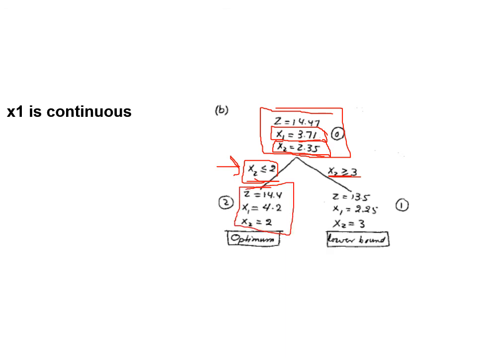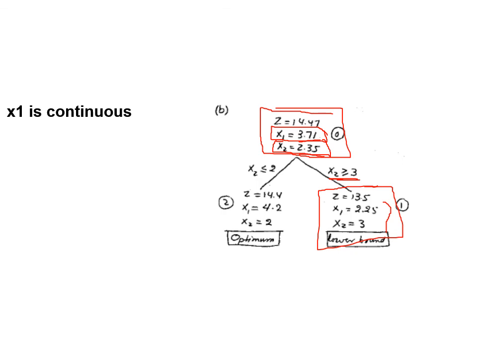And let me first go to the other side. We initially solved this right hand side. Okay, so when you add this constraint and solve the problem, you see that we end up with this solution, and we need to make a decision here.